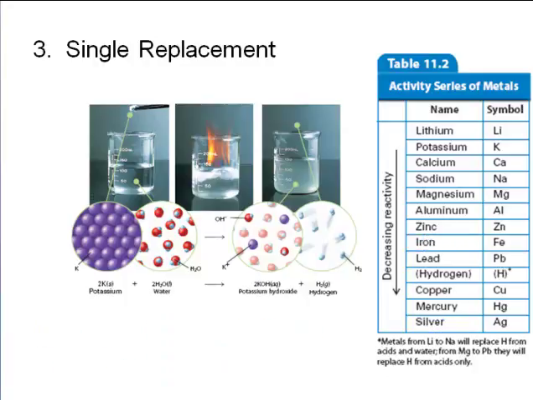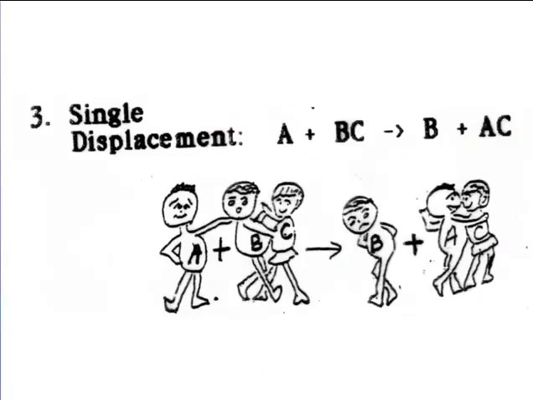And if we look at our relationship here, here's how we see our single replacement. It says displacement here. It can be displacement or replacement depending on which book you read. But this would be my potassium. This would be my H. C would be OH. And notice now how we have H2 by itself. The B is now by itself.